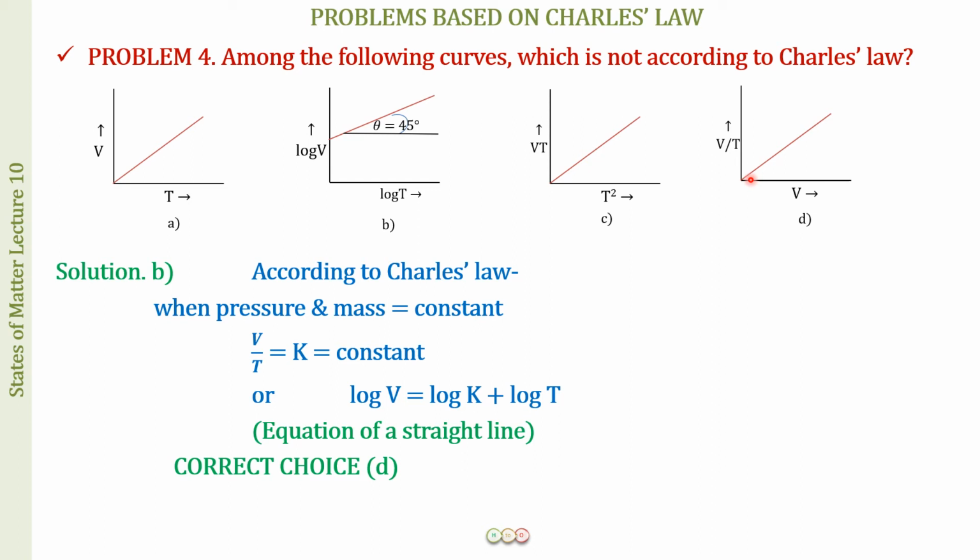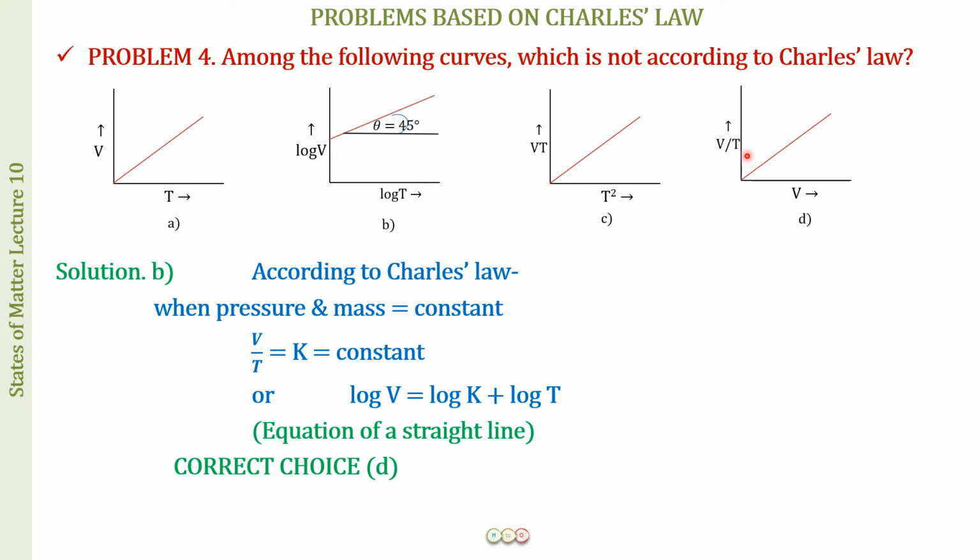Now when we come to the graph of V by T versus V. So what we know is that V by T, according to Charles law, is going to be constant. If we are going to increase the value of volume, V by T is going to still remain constant because proportionally the temperature will also increase, so V by T remains the same.